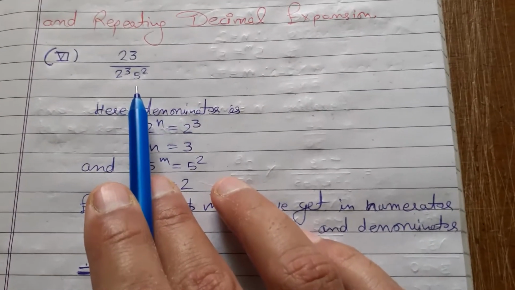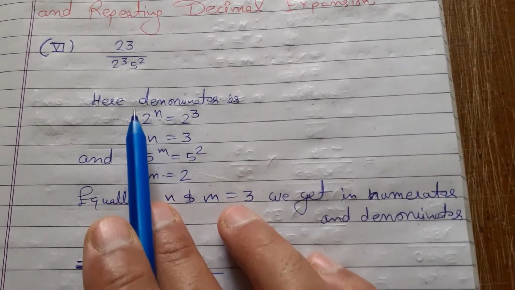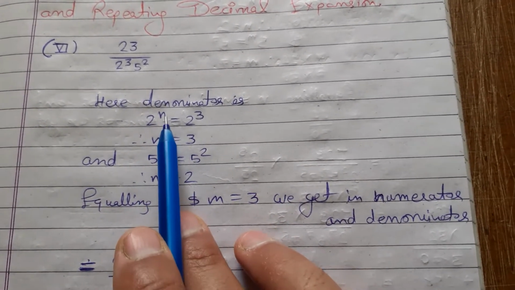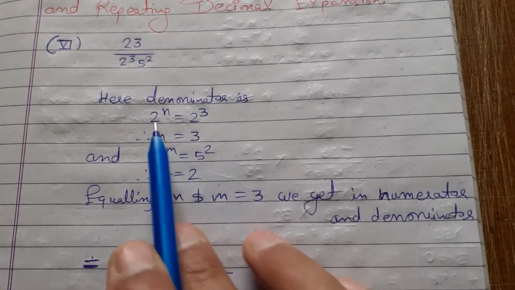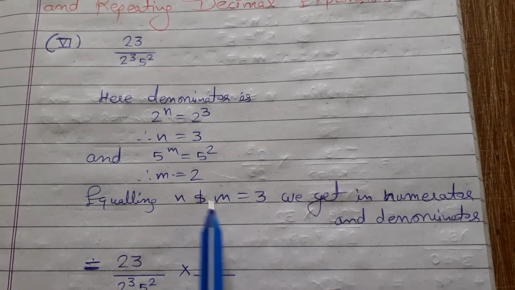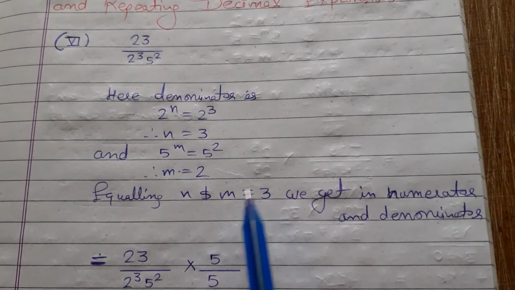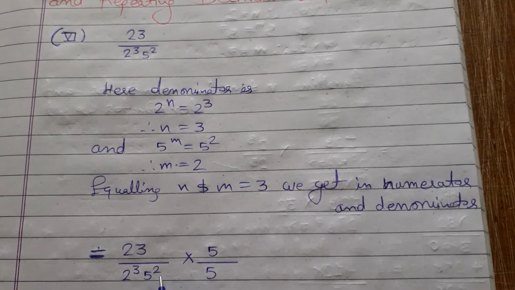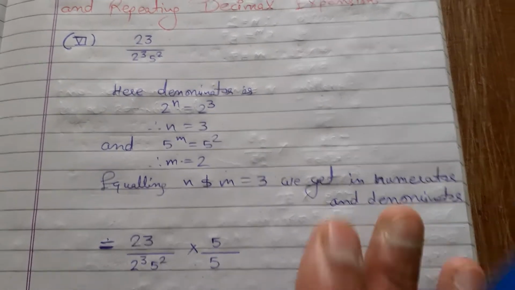Question number 6. 23 upon 2 cube into 5 square. Here the denominator is 2 raised to n, which is 2 cube, and 5 raised to m, which is 5 square. Equaling n and m: here n is 3, m is 2, so we have to make both 3. Here 5 is less by 1 time, so we have to multiply numerator and denominator by 5 one time.